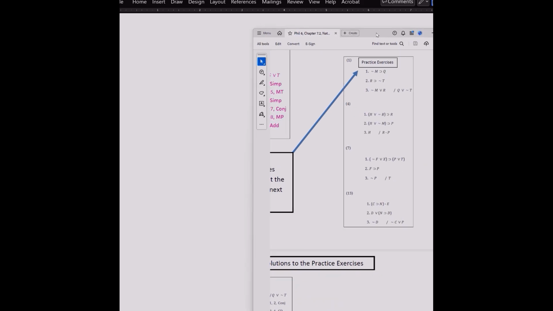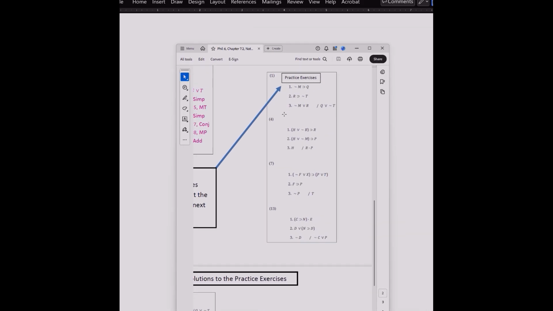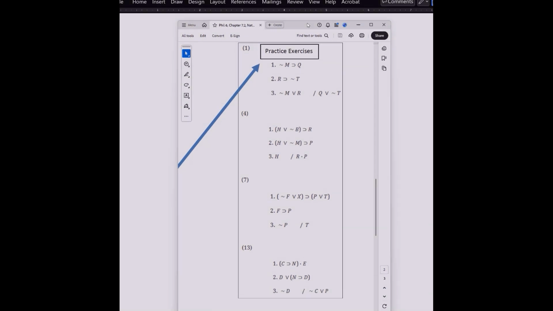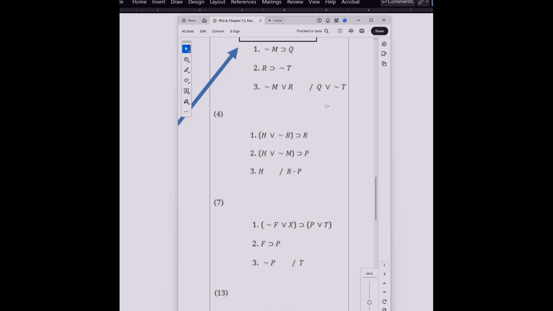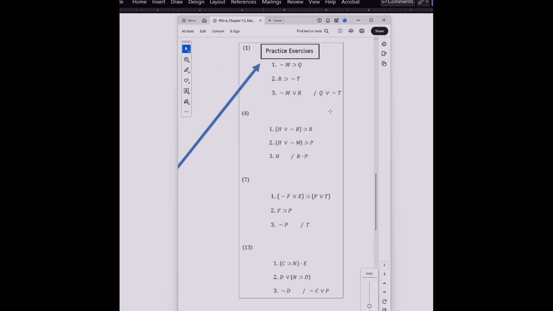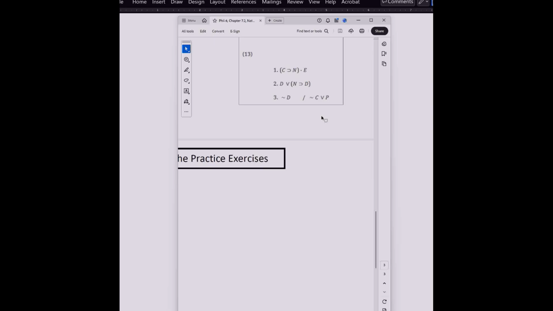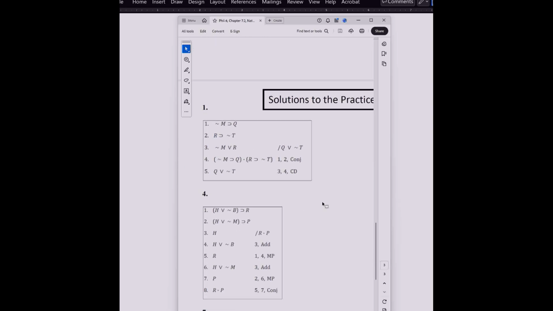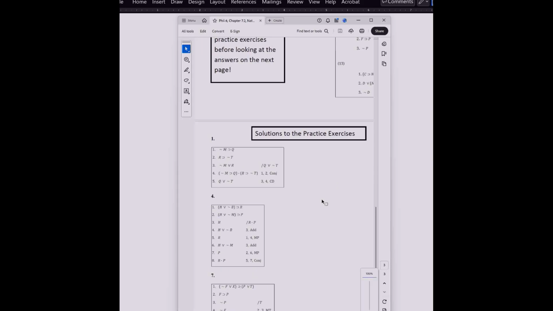So maybe now a good thing to do would just be to go back to these 4 practice exercises and see if you've learned enough to be able to solve these on your own. These are the 4 that we worked on. It's from the in-class exercises. And now see if, with your experience, you can solve them on your own. You can go back and check to see if you got the right answers. I'll just flash them for you here in case you don't have your actual sheet.